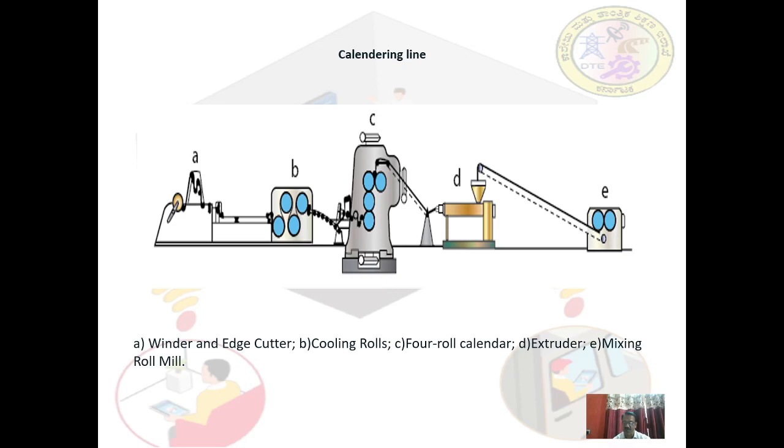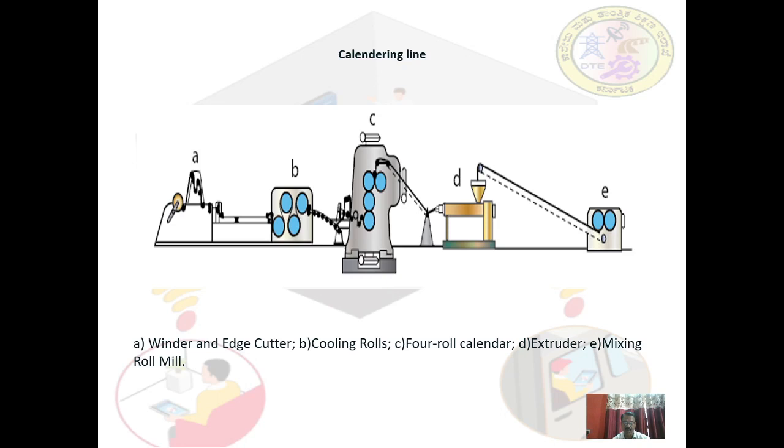However, most commonly 4 rolls are used. The rolls are made of polished cast iron and are driven individually and heated. The heating medium is usually oil or water. The temperature and speed increase from one roll to the next one.